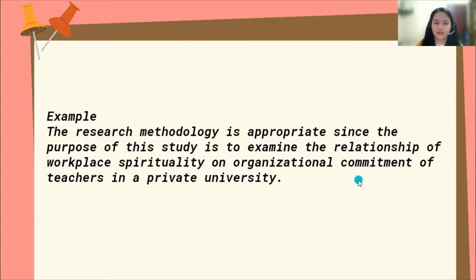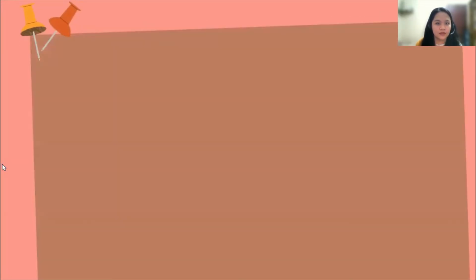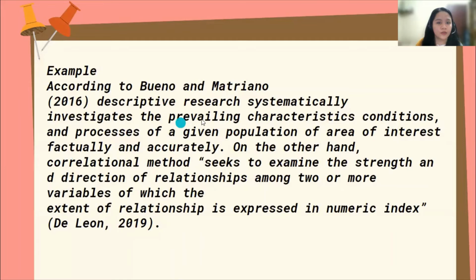So you're stating the relevance of your chosen research methodology to your study. Sinabi mo dito na appropriate ito kasi nga ang pinag-aaralan ko or ang purpose ng study ko ay to examine relationship, which connects to the statement of De Leon and Bueno Martiano.